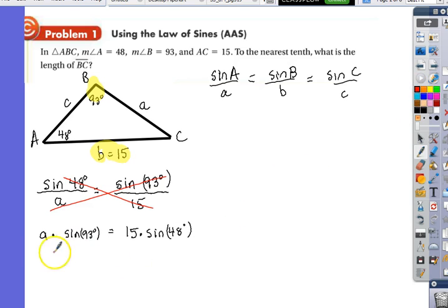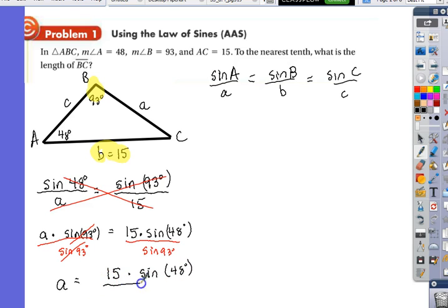That's right. You undo multiplication by using division. So if I divide both sides by sine 93, then they'll cancel there. That's going to leave me with a is equal to 15 times sine 48 degrees over sine 93 degrees.